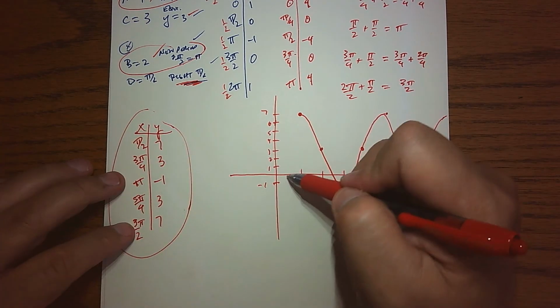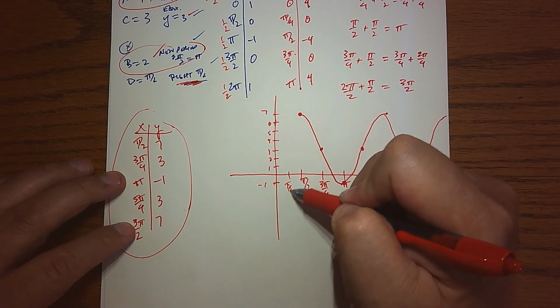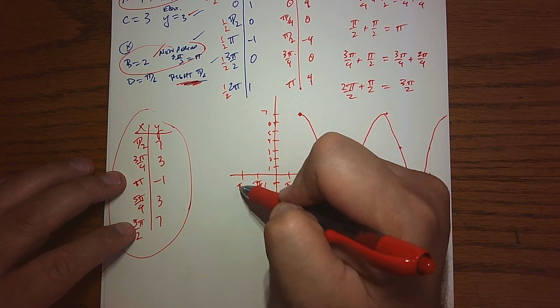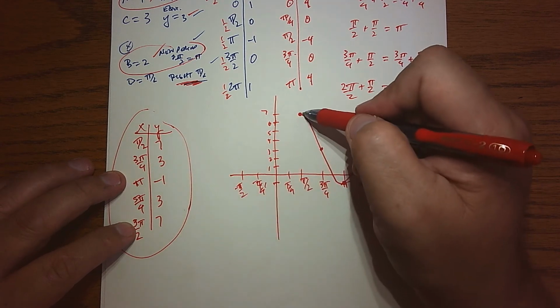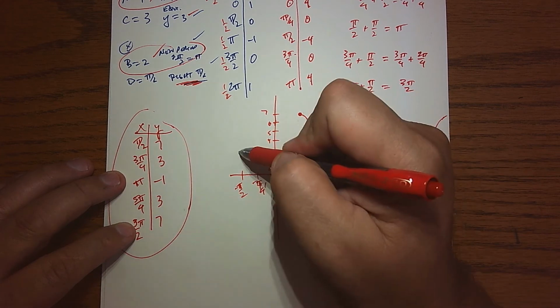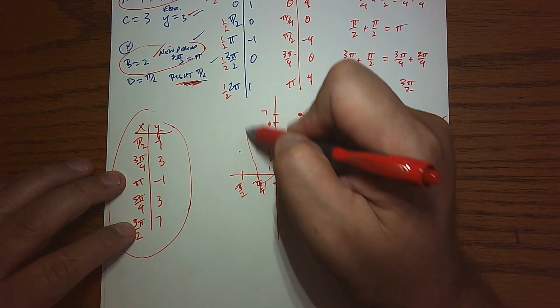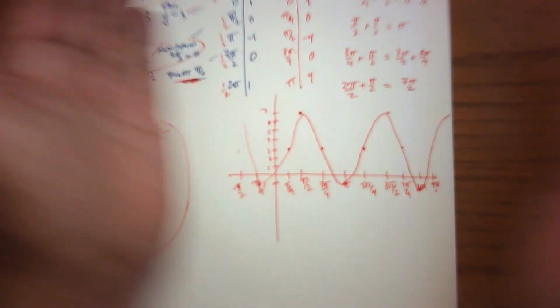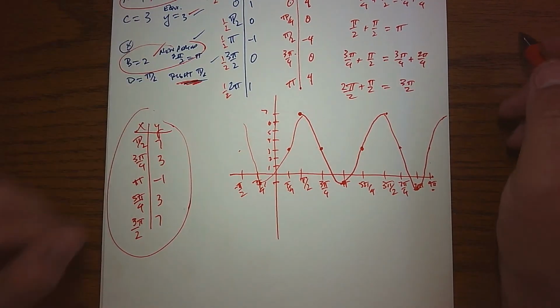Of course, we could have done it backwards this way. So there's pi over 4, 0, negative pi over 4, negative pi over 2, and we could have just continued on in this fashion. But there we got at least one good cycle, and then we can just continue it on because we do know it goes on forever.